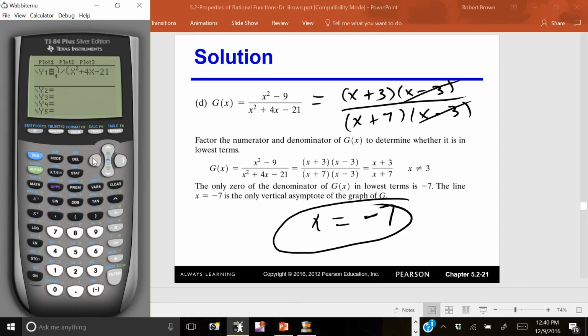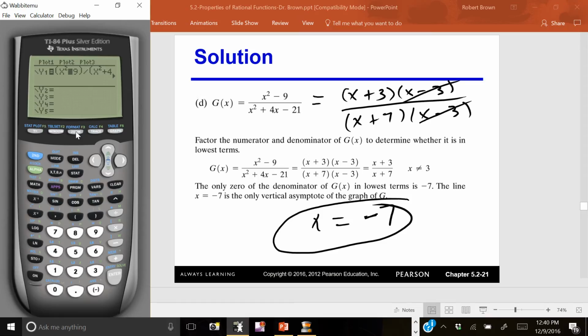It's important to use parentheses. Okay, looks like it got entered correctly.